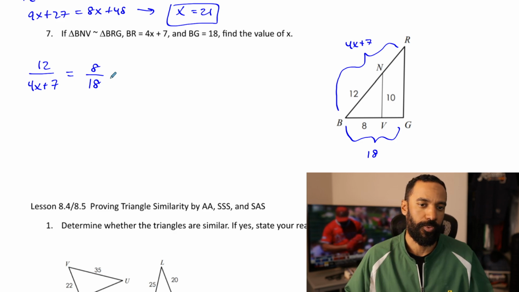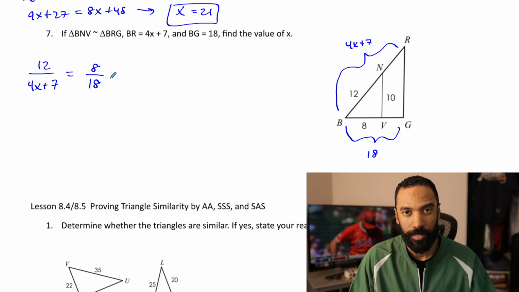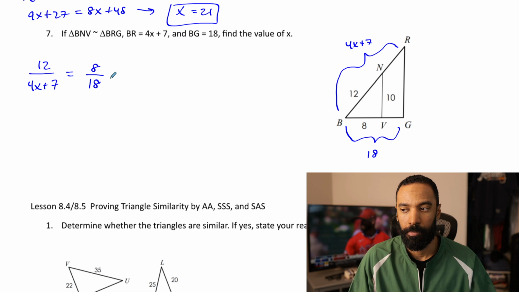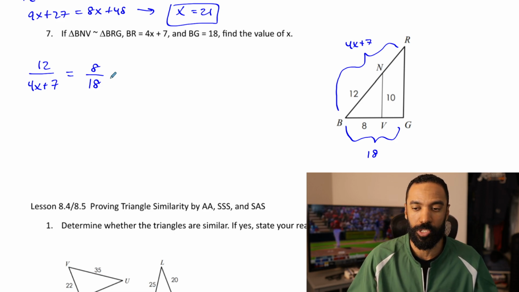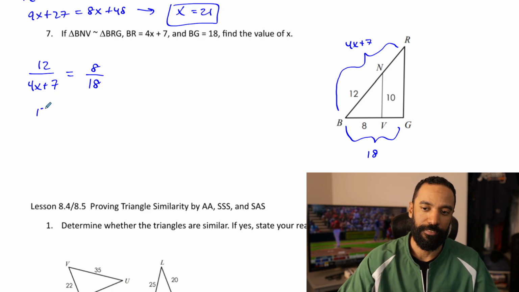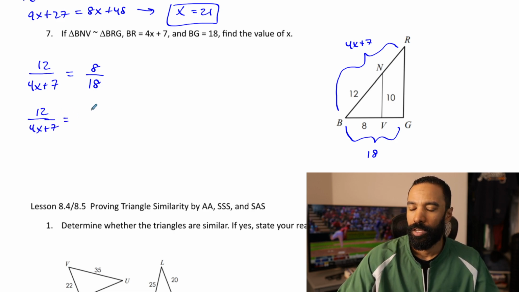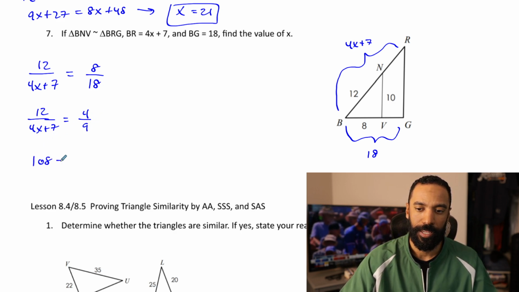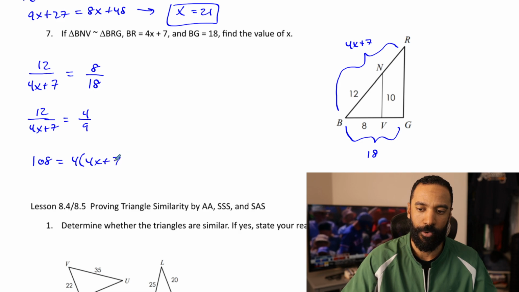Now, there are other ways we're going to do problems of this accord in section 8.6. But I would probably do this problem like this because of the way it's written. 8 over 18 I'd love to reduce, and I'm going to do that before I keep moving forward. Divided by 2, you get 4/9. So 9 times 12 and 4 times 4x plus 7.